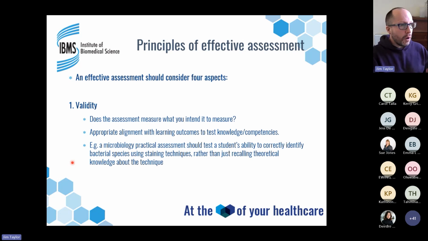And as people who are educated, professional, and knowledgeable, this validity question is often the hardest one to get right, because to make sure that an assessment is measuring what you intend it to measure, you've got to make sure that you're being objective about the thing that you're trying to understand that the student knows.